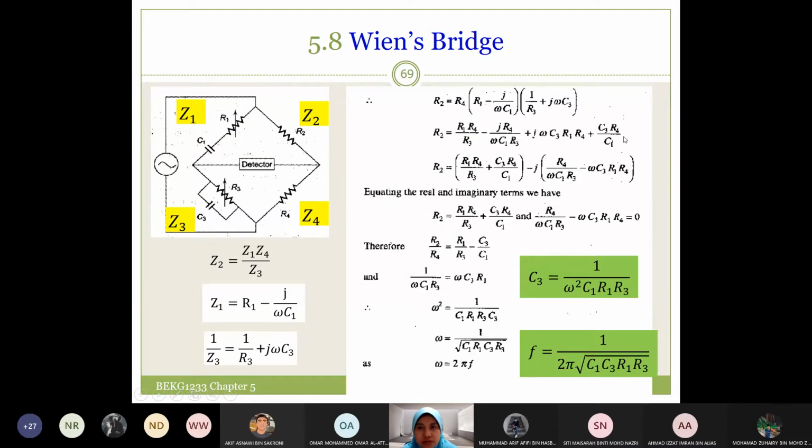Please rearrange your equation so that the real part is here, and this is the imaginary part. At the left hand side we have only the real part, so R2 is equal to this, and how about this, it is the imaginary part.